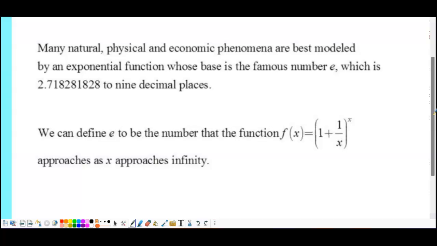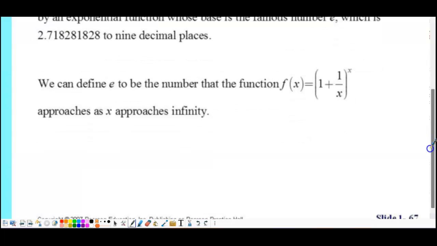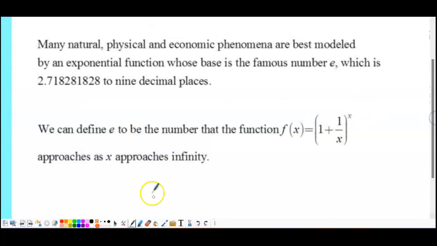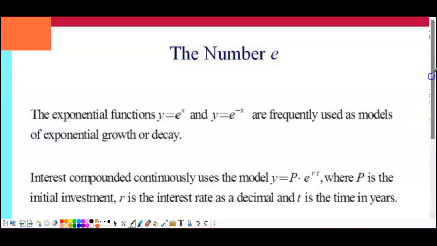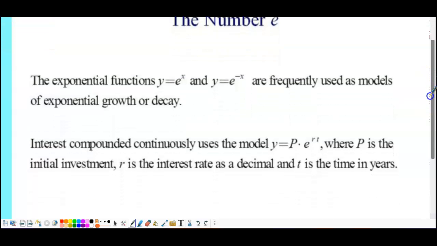You just use the z-chart. So we have e to the x and e to the negative x. They represent growth and decay, the same as a to the x and a to the negative x. Compound interest is Pert, where r is the rate of investment, P is the initial, and t is our time.